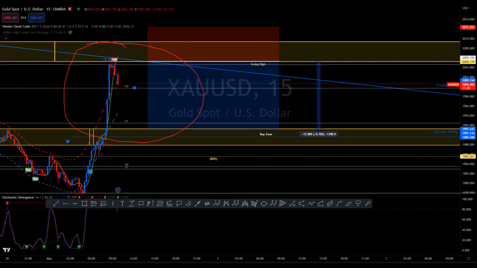There are a lot of things on this trade that we could have done better. We need to choose our entries a lot better next time.